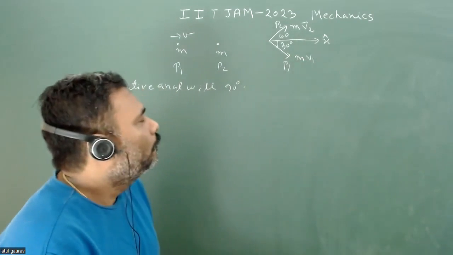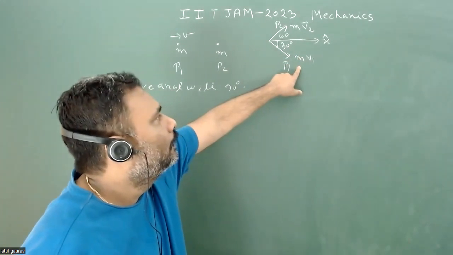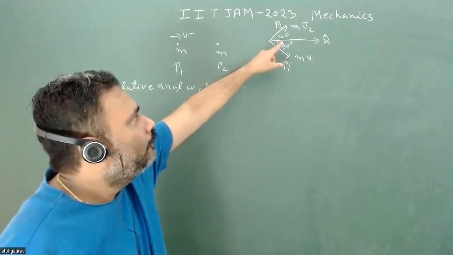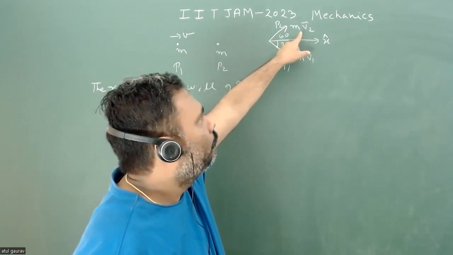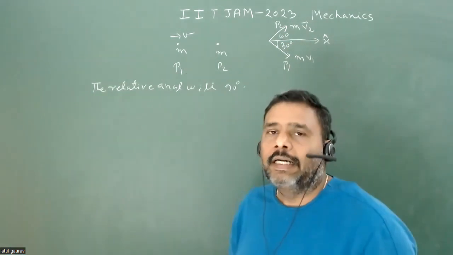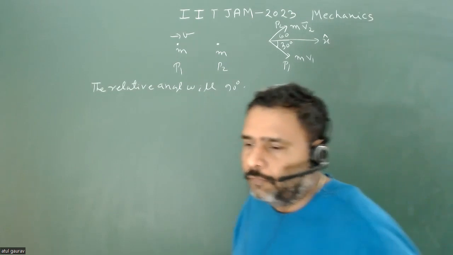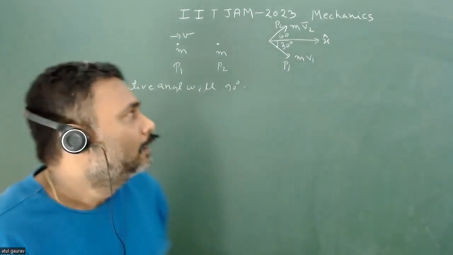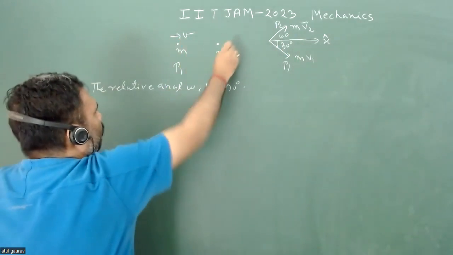Now what do we have to do? We have to find the speed of particle P1, then the speed of particle P2, and then the kinetic energy of particle P2, and compare whether this kinetic energy is 25% or not. So obviously we go for conservation of momentum. I have taken this line of action as my x-axis.